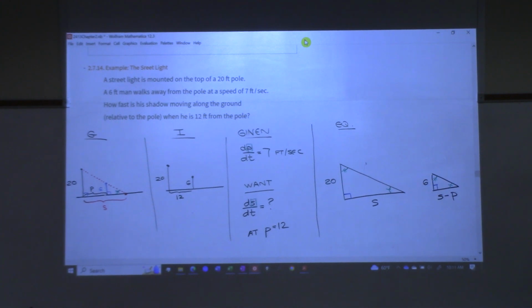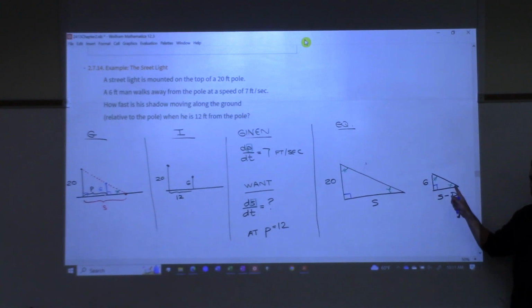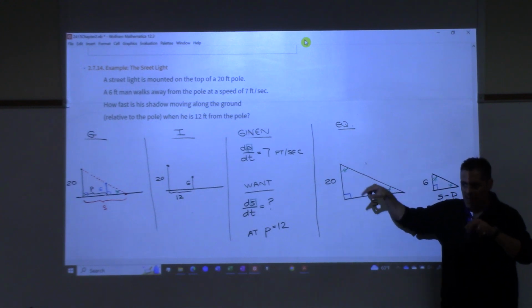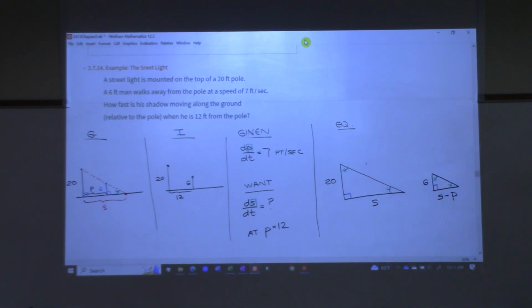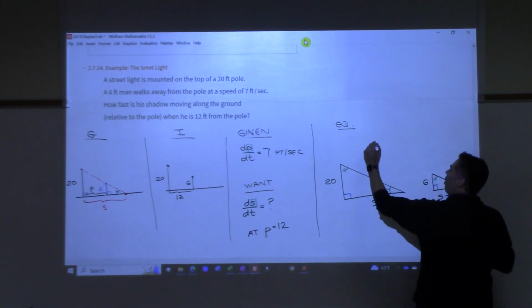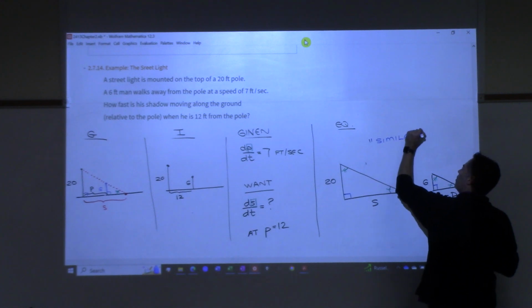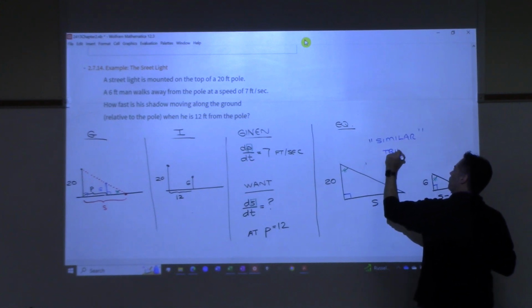Have y'all seen that notation before with the angle with the line through it? It's just to distinguish angles from one another. These two are the same because they both have one dash. These two are the same because they have two dashes. That means these two triangles are what we call similar. Similar triangles.